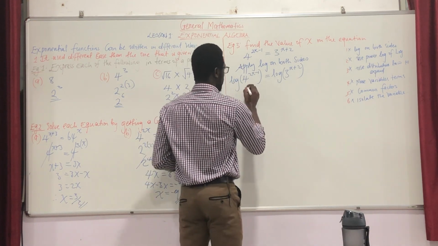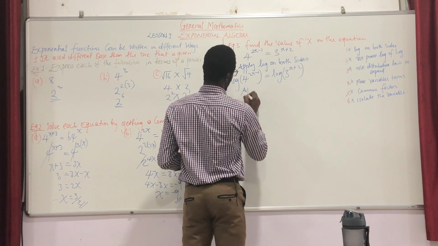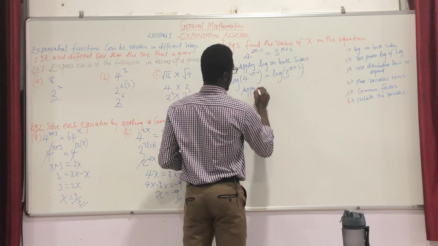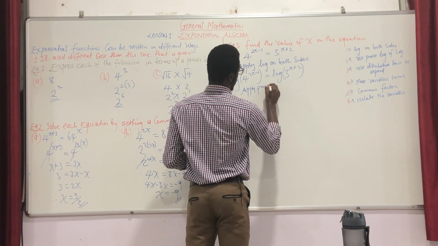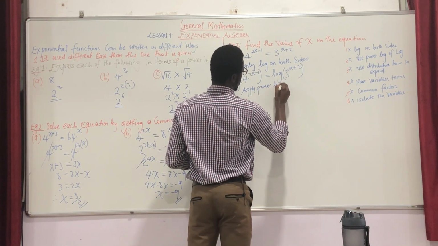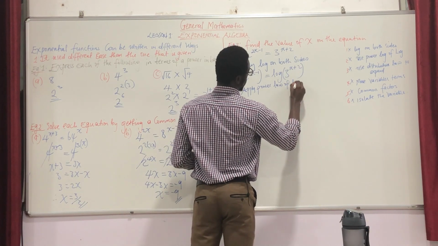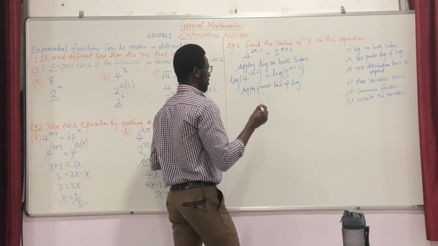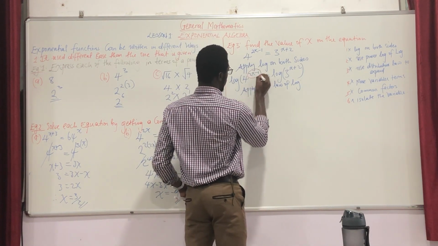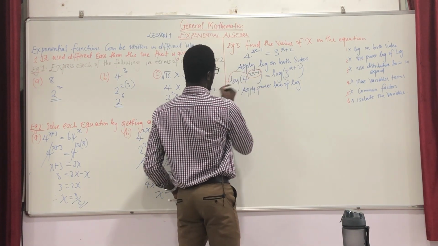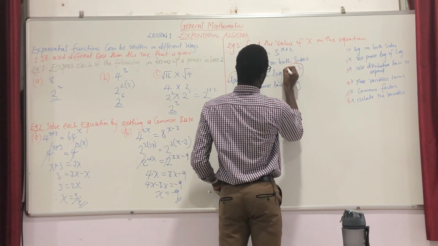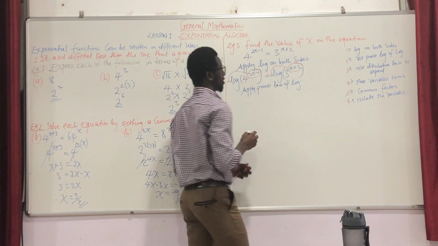So apply the power law of log. We take this entire exponent here, take it down. Then we take again this entire exponent down here.